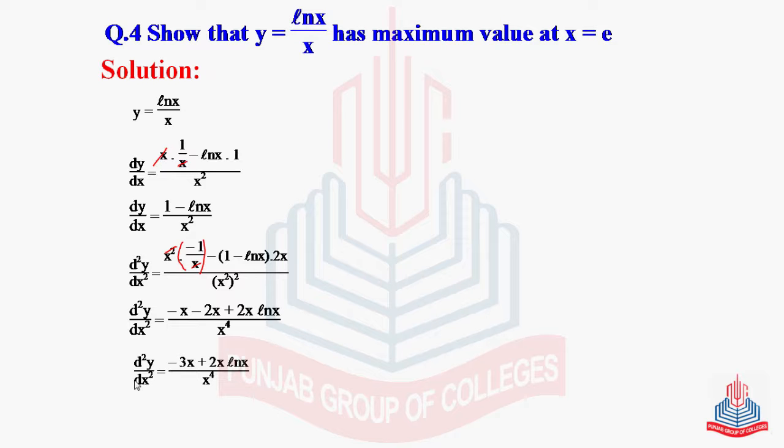That value of x must be equal to e, so that when we put x is equal to e in second derivative, that will return a value which shows that this one is a maximum value. And as we already know, function will be maximum when second derivative returns a negative value.